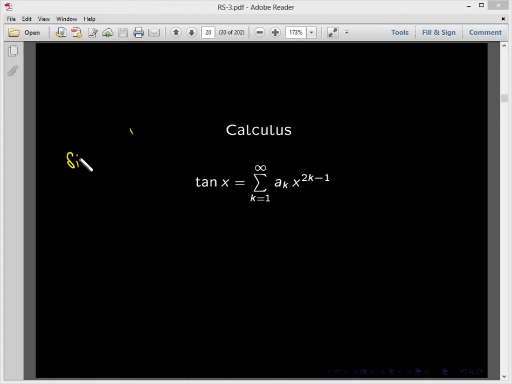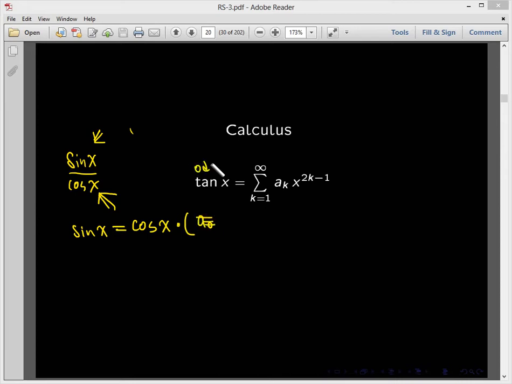If you have sine x divided by cosine x, we know the Taylor series of sine x and the Taylor series of cosine x very well, and then you can just fill in the following form: cosine x over there. This is supposed to be tangent x, and I want to figure out a1.